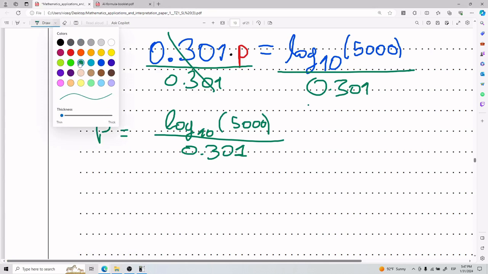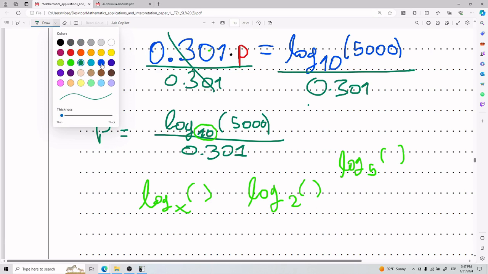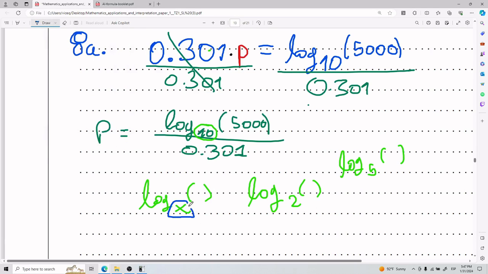Even in this exercise, you can see it. You have what they call the base. This can be base 10, base x, base 2, base 5, and a whole different thing is what goes inside the parentheses. Just bear in mind that this base can change and it affects how the log behaves.